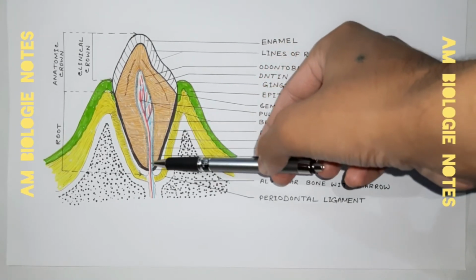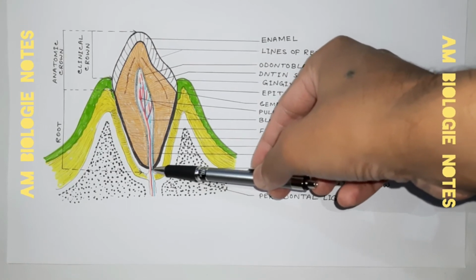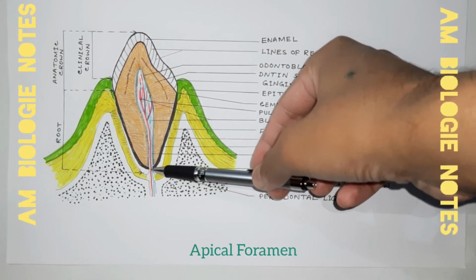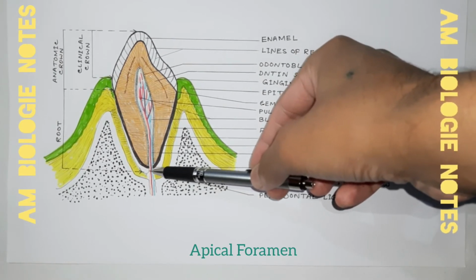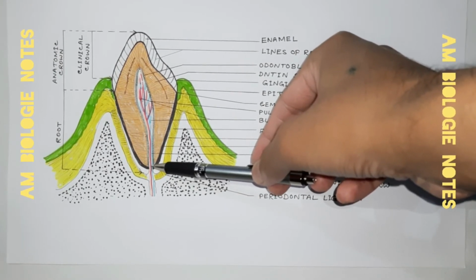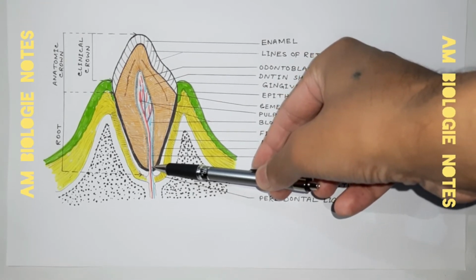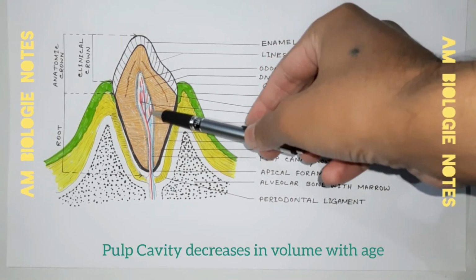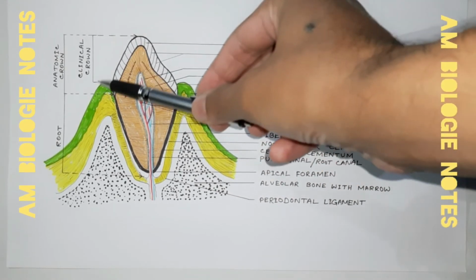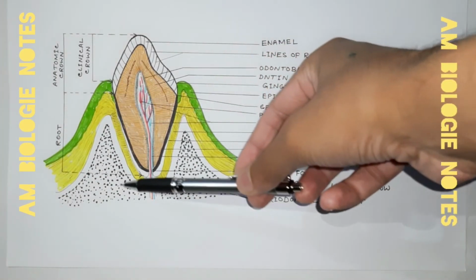The blood vessels and nerves enter the pulp cavity at the tip of the root. The site of entry is known as the apical foramen. Because dentin continues to be secreted throughout life, the pulp cavity decreases in volume with age. So this is the very general structure of a typical tooth.